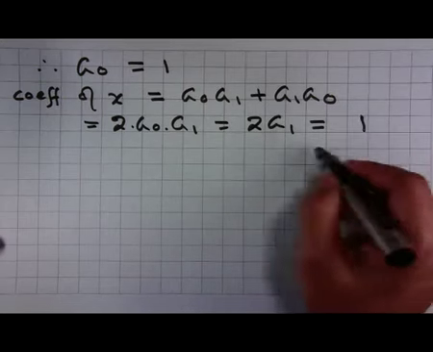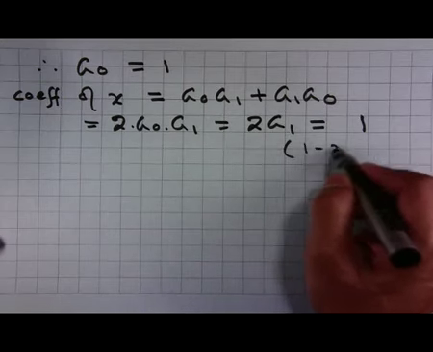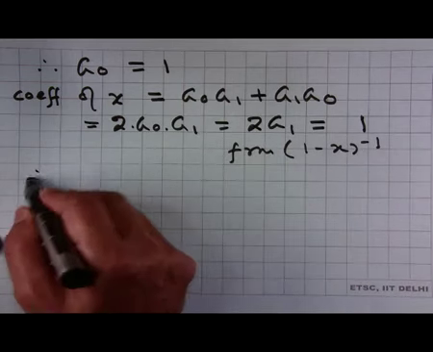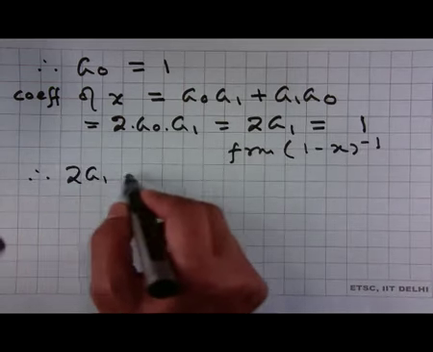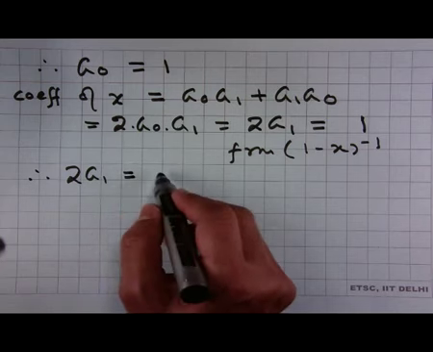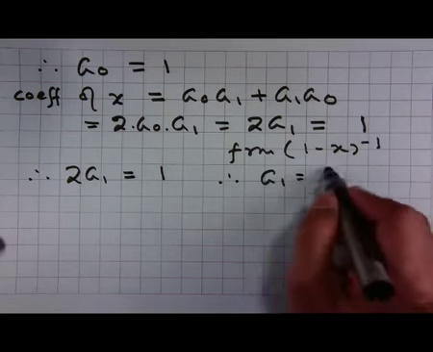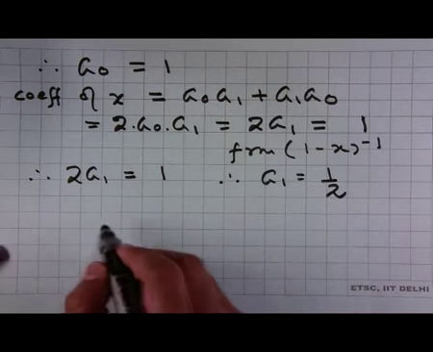This comes from the series (1 minus x) whole to the power minus 1. Therefore, 2 a1 is equal to 1. Therefore, a1 is equal to half.